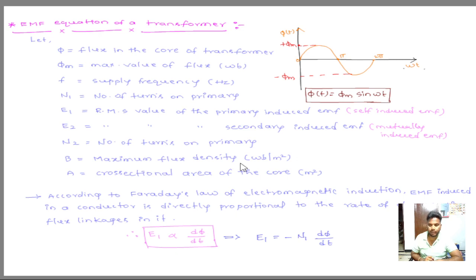Suppose this is equation number 1. And we know the equation phi is equal to phi m sine omega t. Therefore, substitute the value of phi in equation 1.